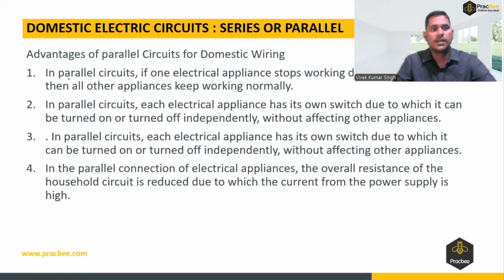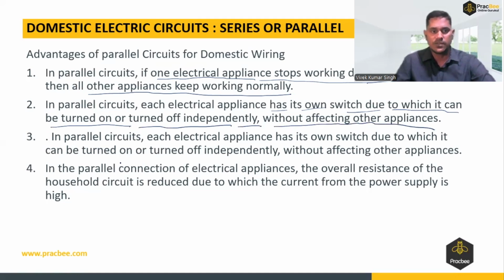Now, advantages of a parallel circuit. In a parallel circuit, if one of the electrical appliances stops working due to some defect, other appliances keep working normally. In a parallel circuit, each electrical appliance has its own switch, due to which it can be turned on or off independently without affecting other appliances.